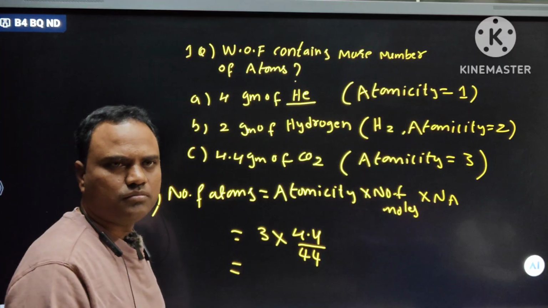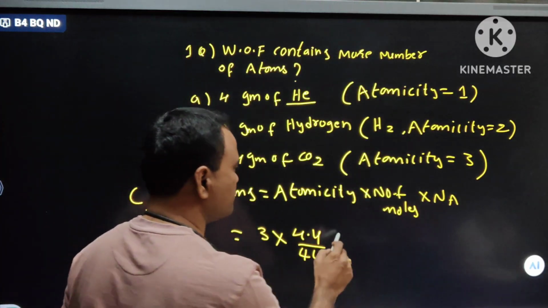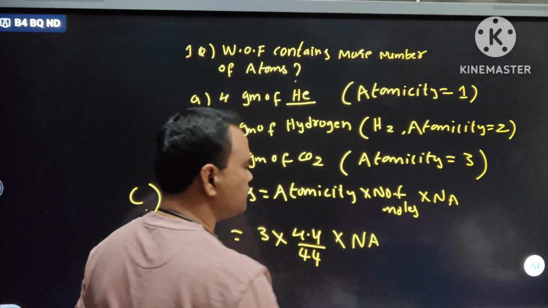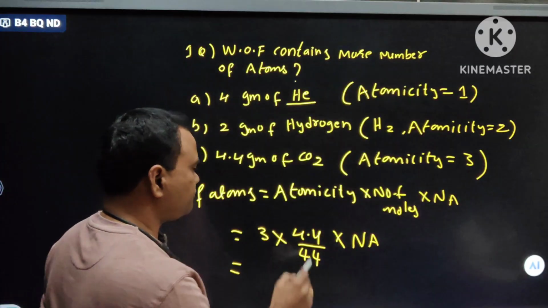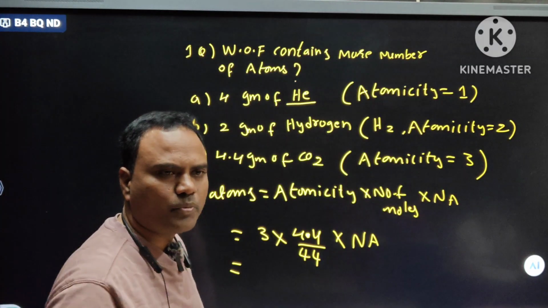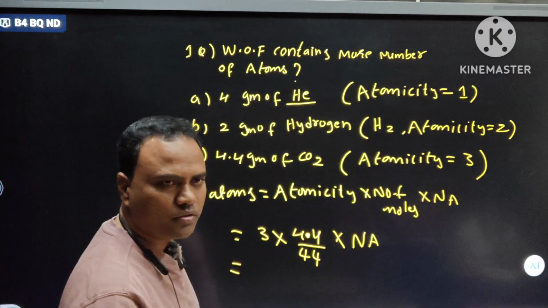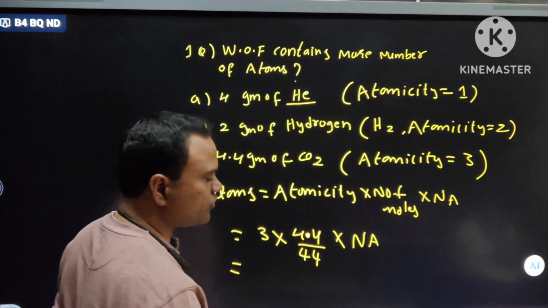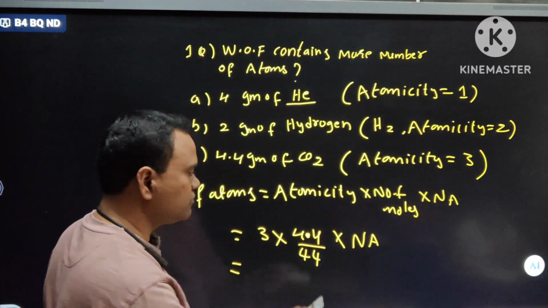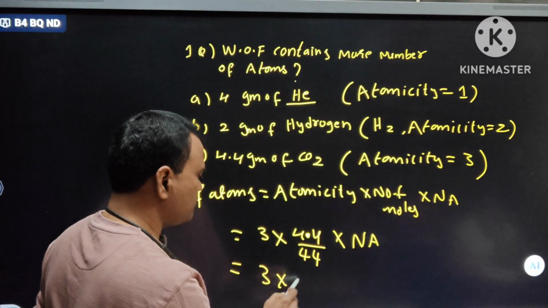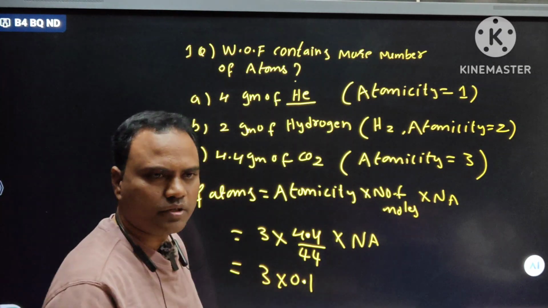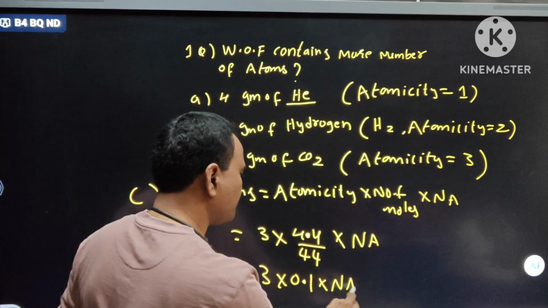I already gave the molecular weights of some important compounds and Na. Here 4.4 by 44 means 0.1. 0.1 into Na.